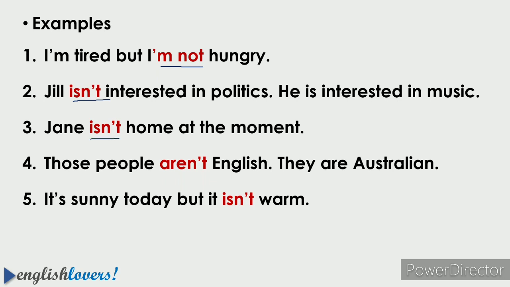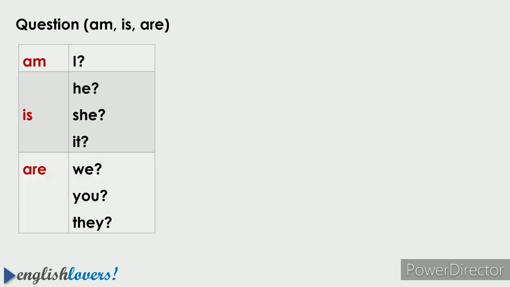This is also a negative form. Isn't, after is, not is put. Those people aren't English, they are Australian. Here also after are, not is there and its contraction is used. It's sunny today, but it isn't warm. Here also after is, not is there and its contraction isn't. So these are the examples of negative statements with am, is, are.